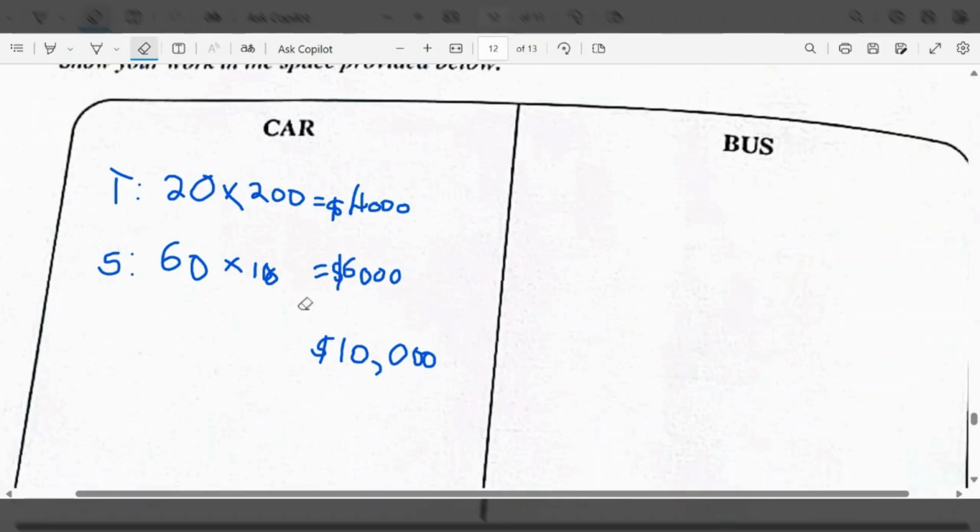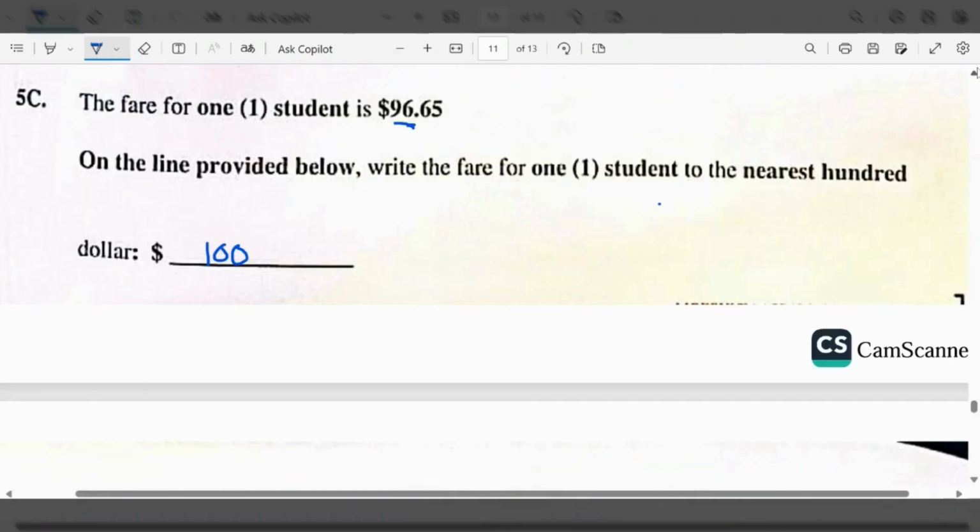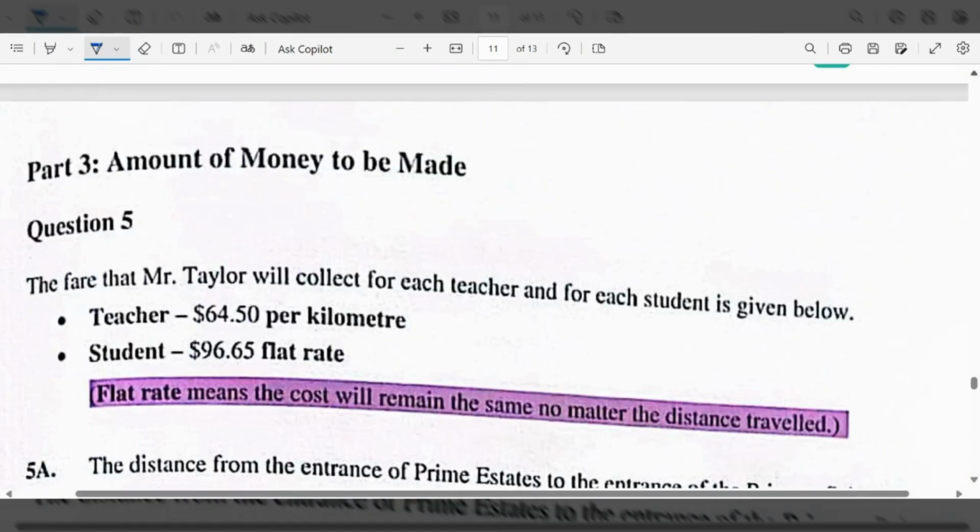And now let's calculate the bus. So we look back at how many teachers and students there were for the bus.